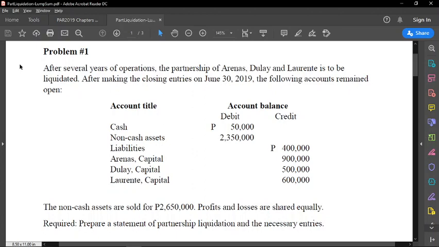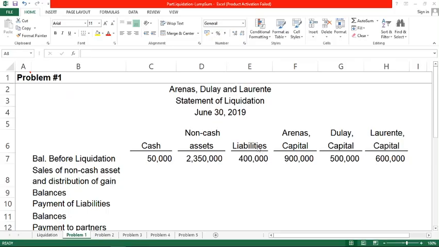So the non-cash assets accordingly are sold for 2.65 million, and profits and losses are shared equally by the three partners. Now, we are required to prepare a statement of partnership liquidation and the necessary entries. So, Arenas has 900 capital, Dulay has 500, and Lorente has 600, and the other information.